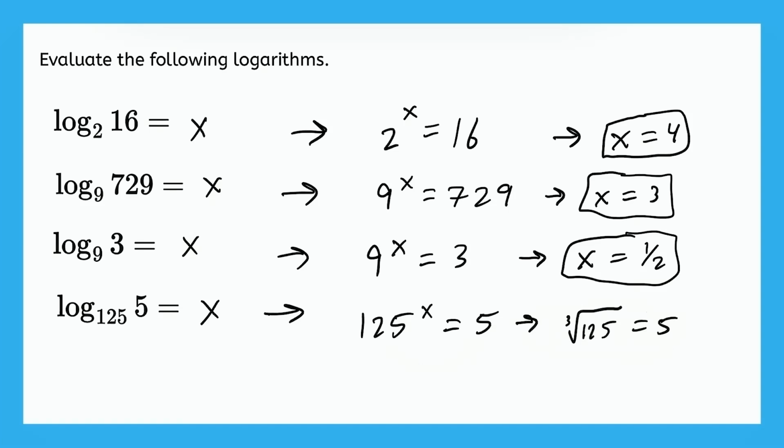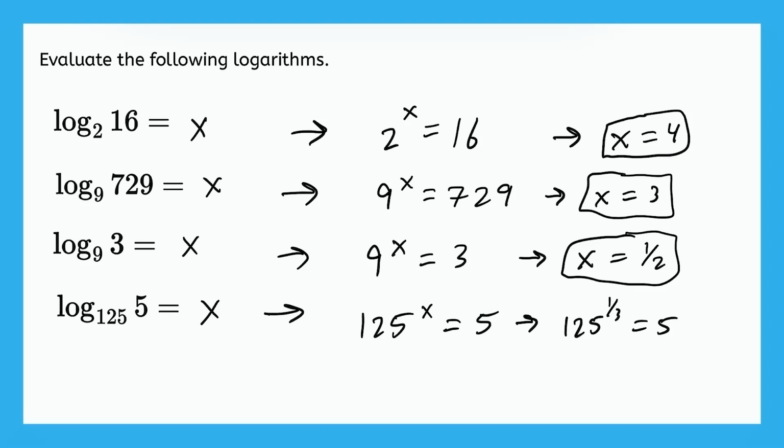So remember, there's an invisible 1 on this 125. So how could we rewrite this radical expression? Well, that would be 125 to the power of 1 over 3. If you forgot how to do that, just go back to the videos on rational exponents and radicals, and that'll remind you. So 125 to the power of 1/3 equals 5.